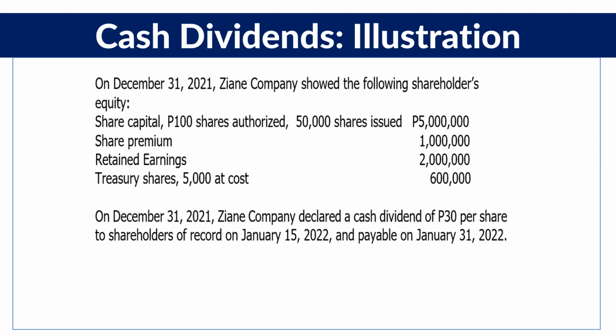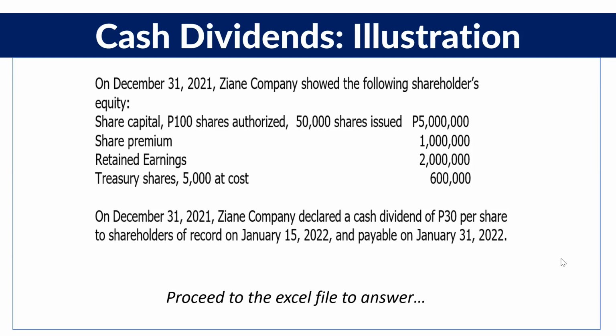So to compute for the issued and outstanding, we have to deduct these 5,000 from the total shares issued. That's why our total outstanding shares is only 45,000, and only that number of shares is entitled to receive the dividends of 30 per share.